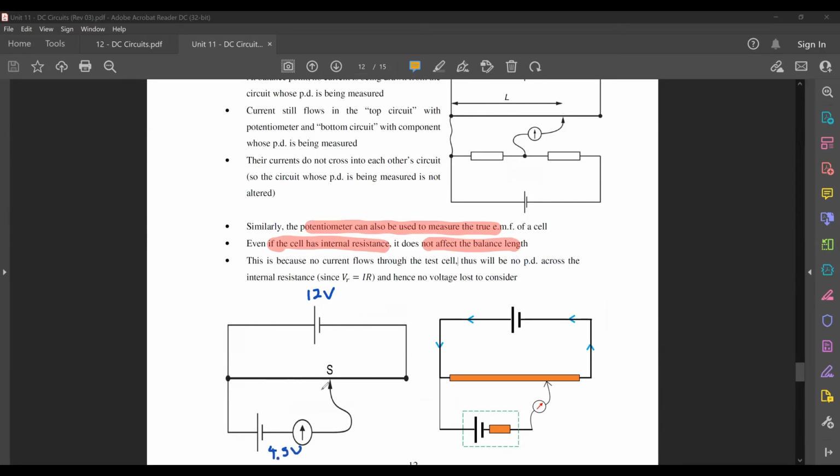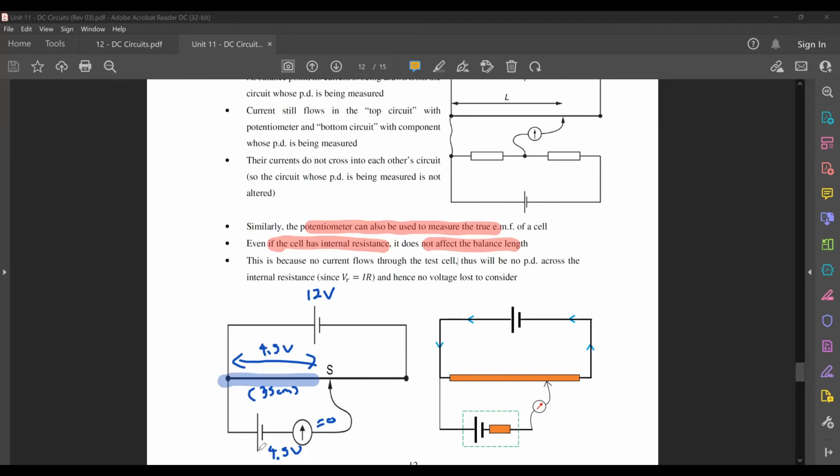When you go and change your sliding jockey position, this one reads 0. At balance length, the PD across this wire will be equals to 4.5 volts. Let's just say right now maybe it is 35 centimeter.